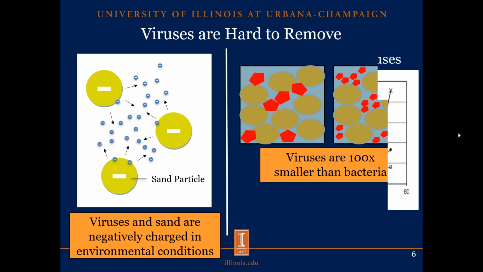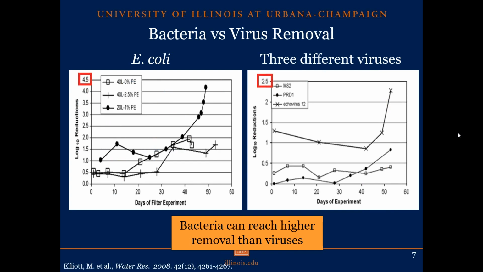So before I move into previous studies, I want to explain a little bit about why we're looking at virus removal. First, it's because, in general, viruses are hard to remove through sand. So as you can see on the left side, we have yellow sand particles and blue virus particles.